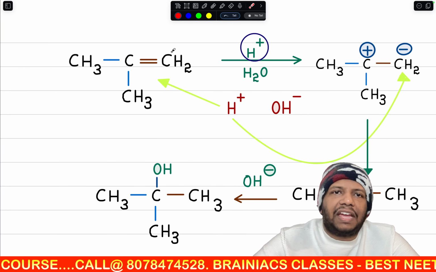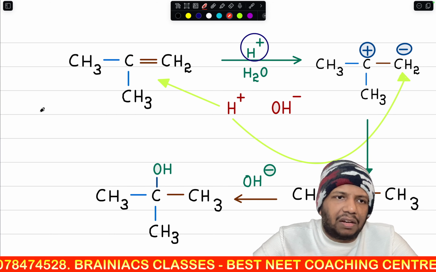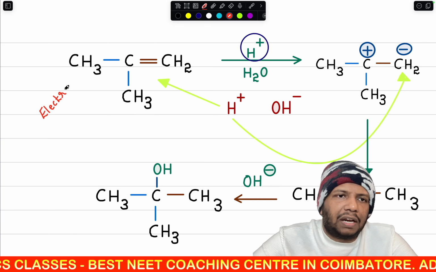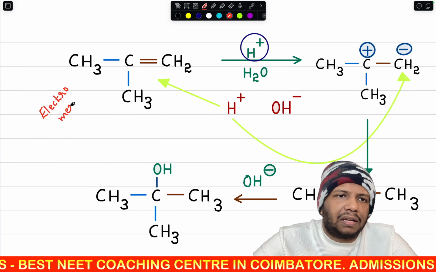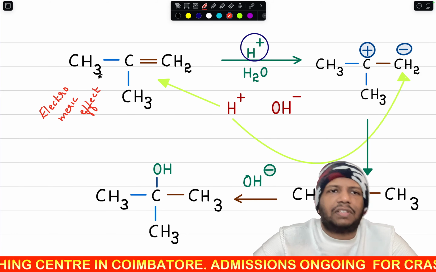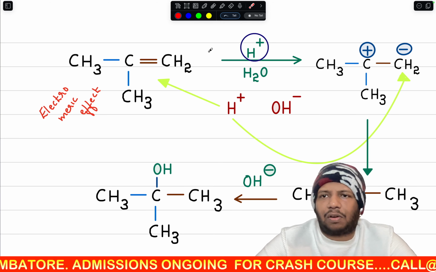This phenomenon we call the electromeric effect. The temporary polarization of the pi bond in the presence of an attacking reagent is called the electromeric effect.